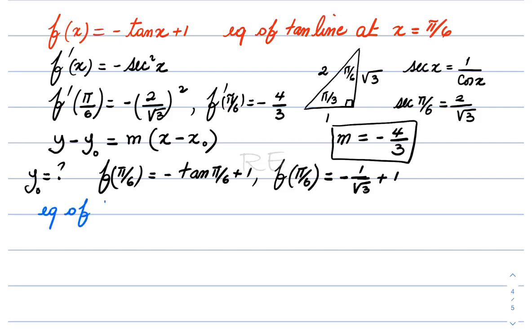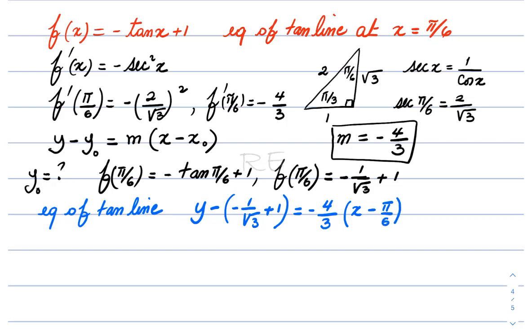Now, an equation of the tangent line at pi over 6 will be y minus (negative 1 over square root of 3 plus 1) is equal to m, which is negative 4/3, times x minus the target point, which is pi over 6. We just have to simplify and solve for y to get the final form of the equation.